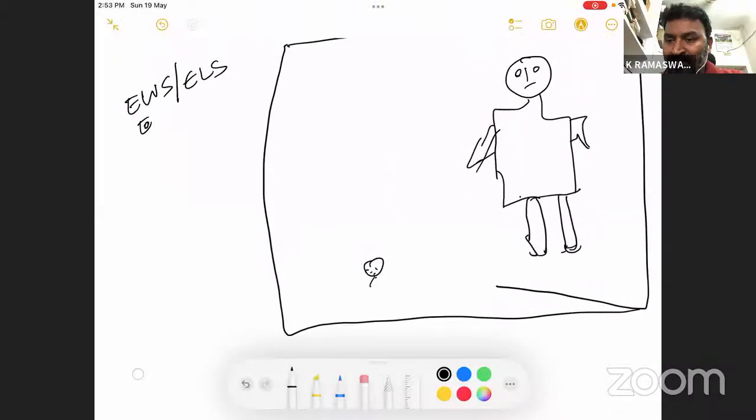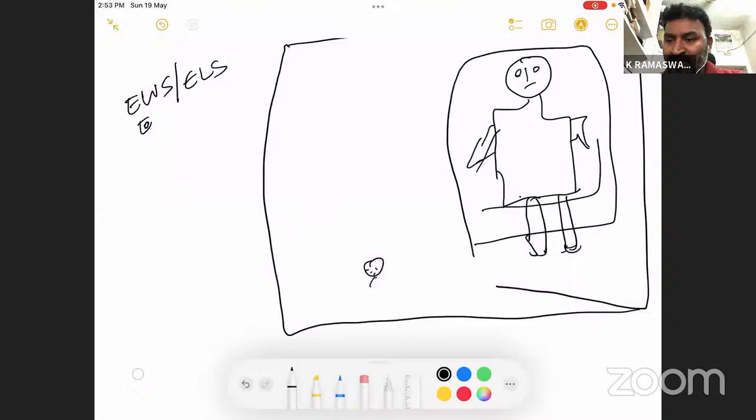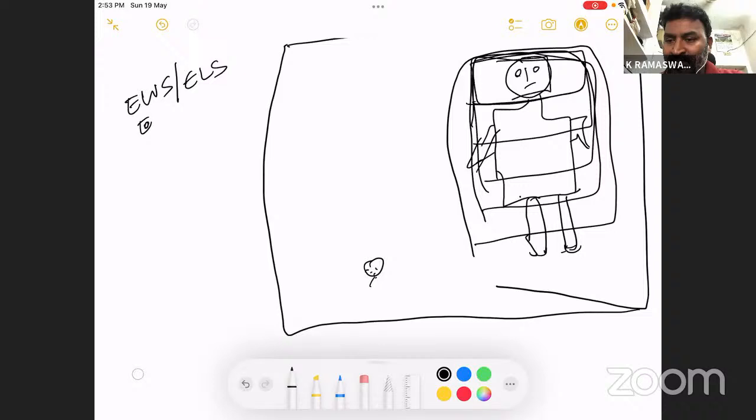Here in the EWS, this is one shot, this is another shot, and this is another shot. This is the medium close up. This is the close up shot, only the head. This is the big close up, only part of the face. This is the extreme close up. These are the different shots.